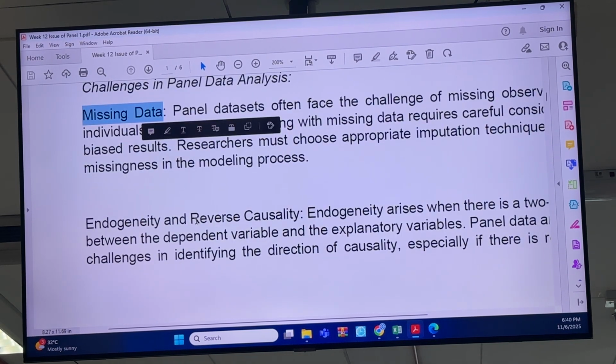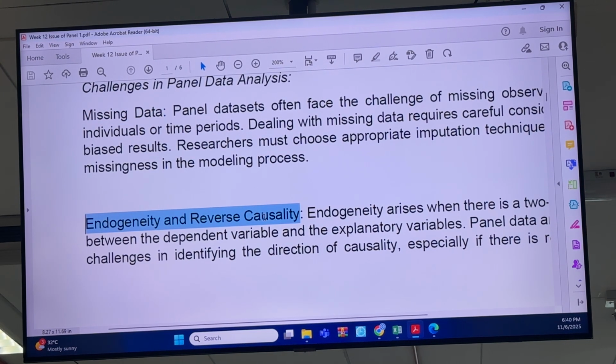Okay. So another challenge here is endogeneity and reverse causality. For the endogeneity issue, for example, like I mentioned just now, when we run our regression, our dependent variable is investment and our independent variables are CAP and VAL. Investment is not necessarily the endogenous variable.